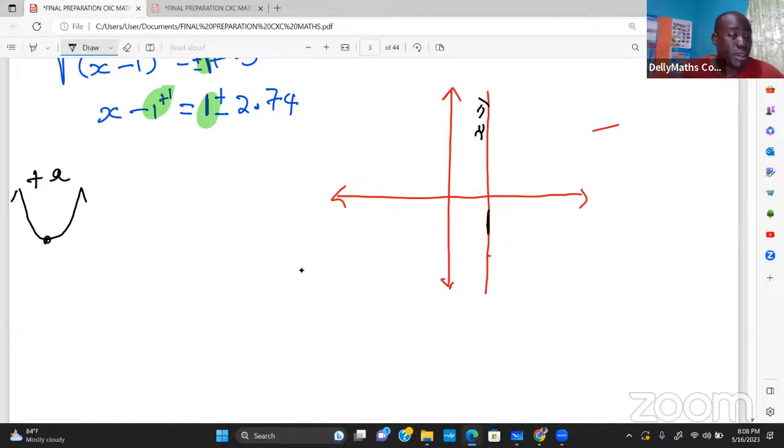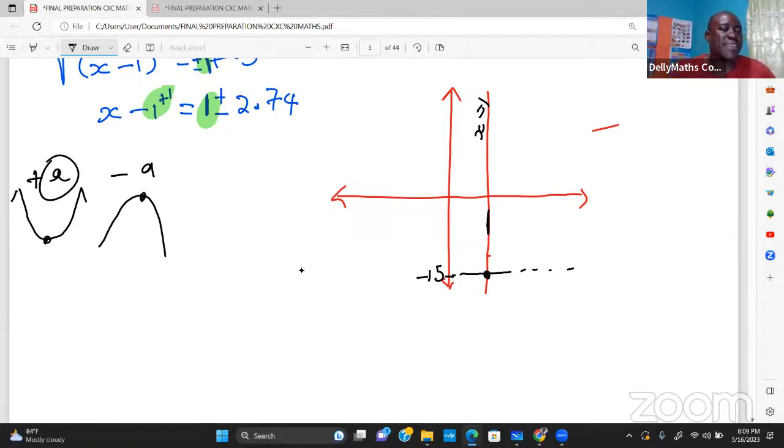But if your a value is negative, your curve will frown, which means that you have a maximum. So you could use that to help you, right? So I have some negative 15 somewhere down there. Remember, it's a sketch. So this is negative 15. So negative 15 will meet the axis of symmetry at your minimum because a was positive, so we have a smile.